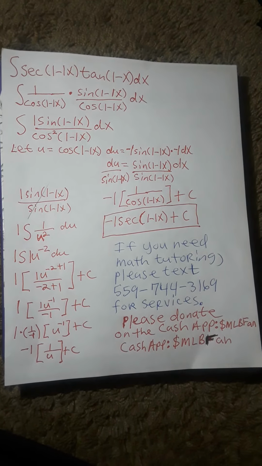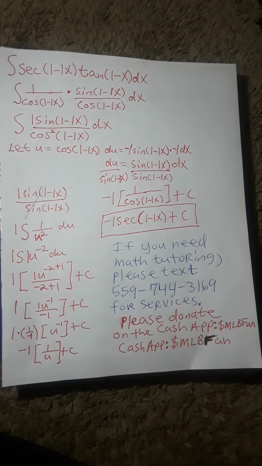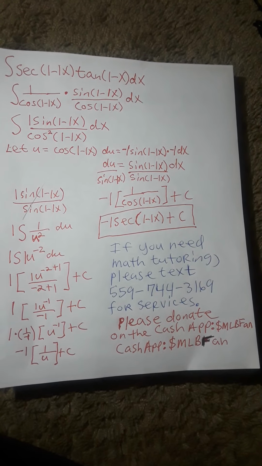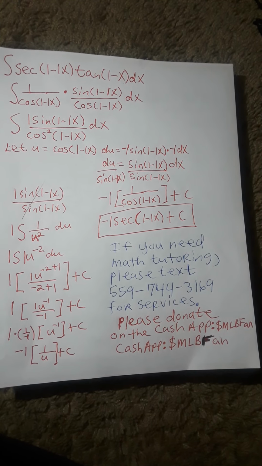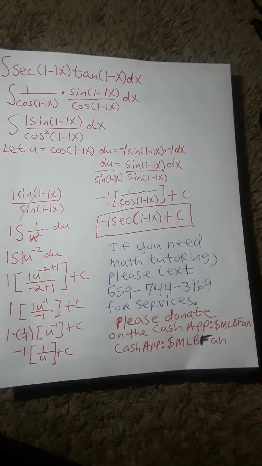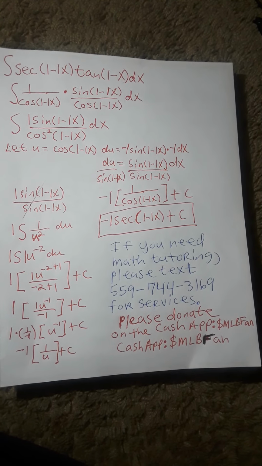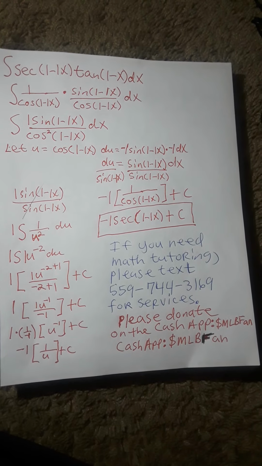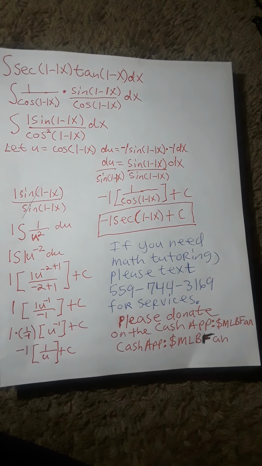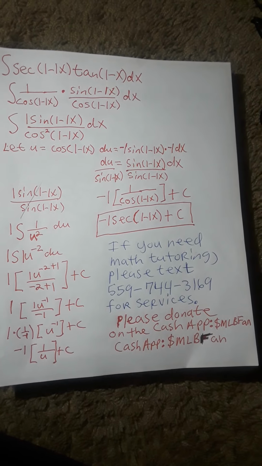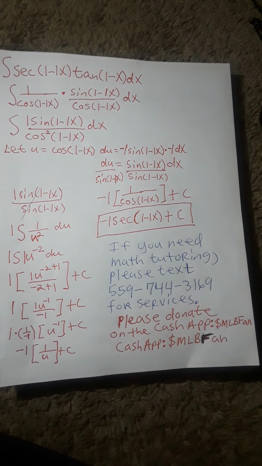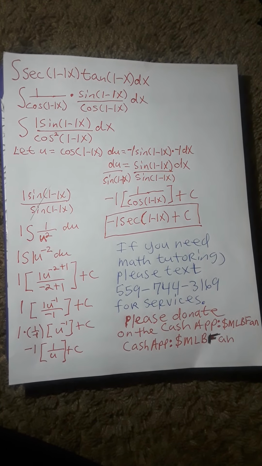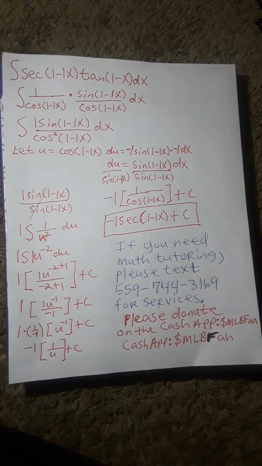Okay, we need to take that and divide it by what is in the denominator with du on top, which happens to be the same thing in the form of sine of 1 minus 1x. So when we calculate 1 times sine of 1 minus 1x divided by sine of 1 minus 1x, that cancels down to 1.